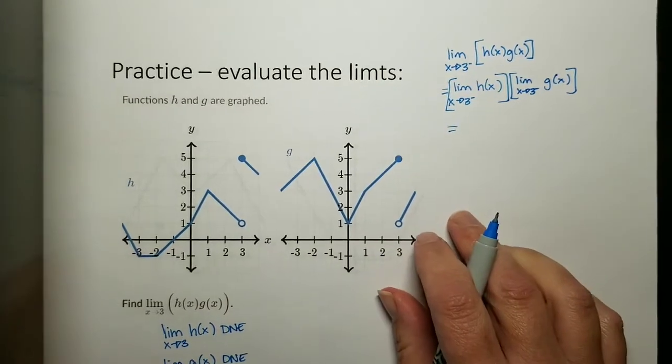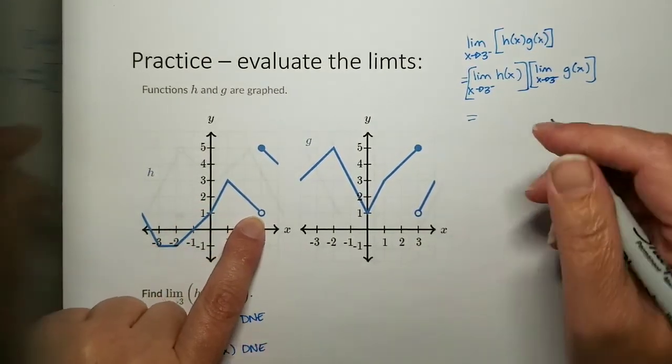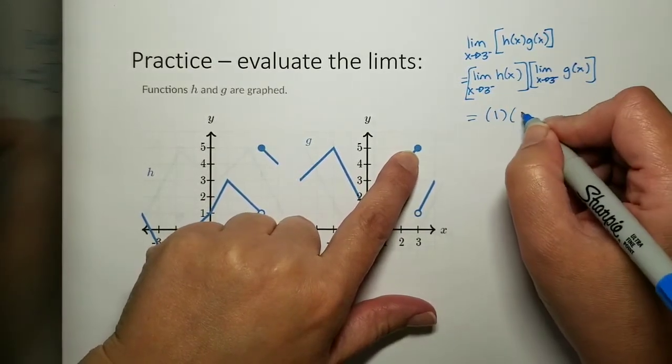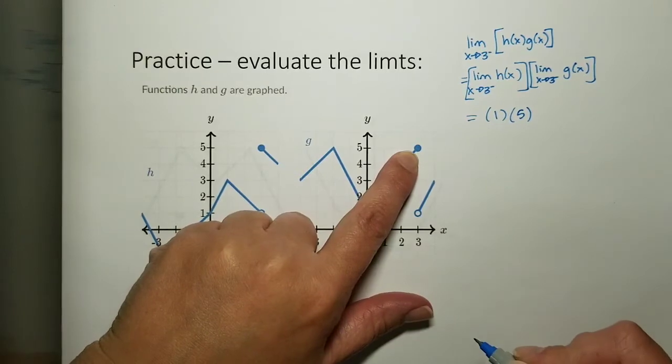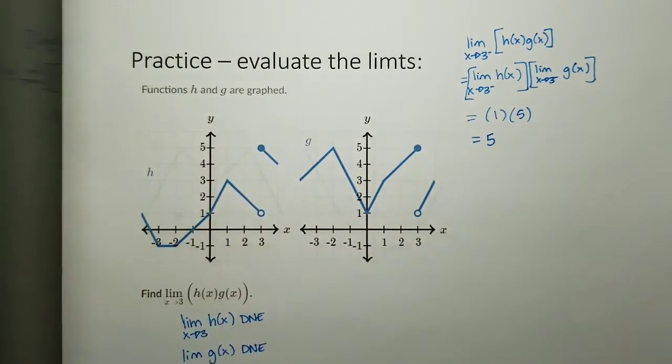If I'm only looking at the left-sided limits, the limit of h is going towards 1 and the limit of g is going towards 5 from the left side. So we can multiply those two values, and we get a value of 5.